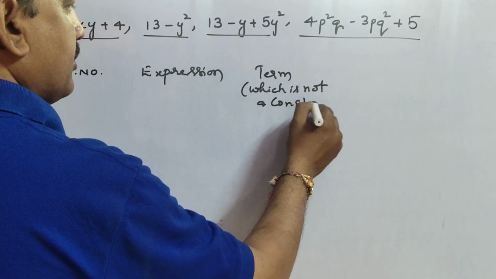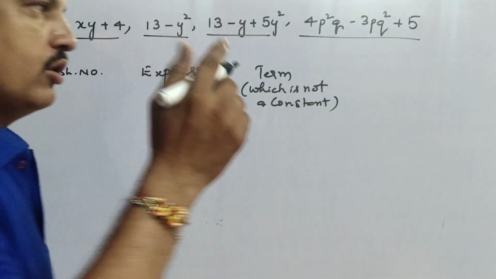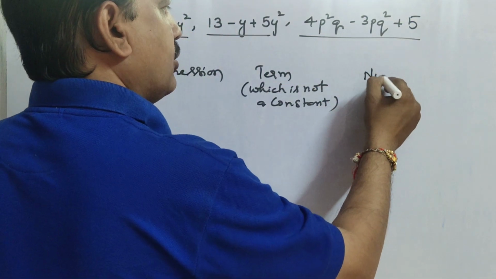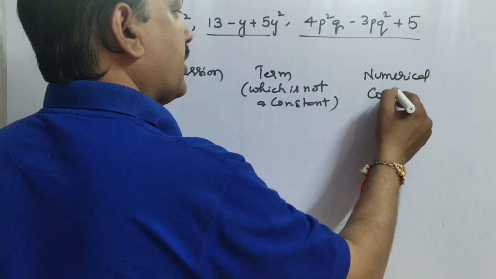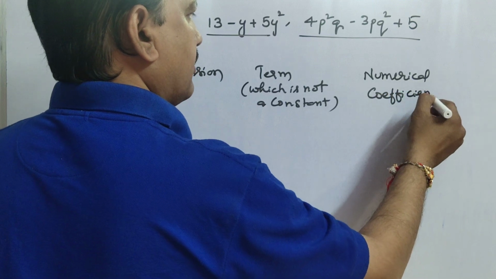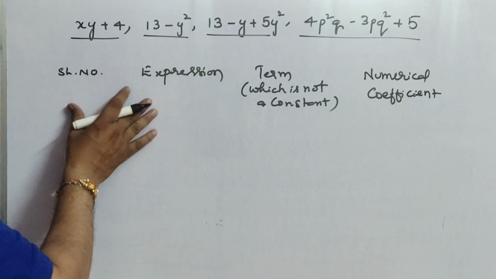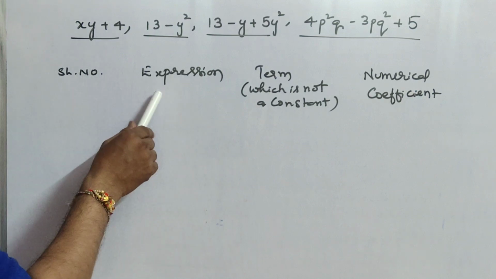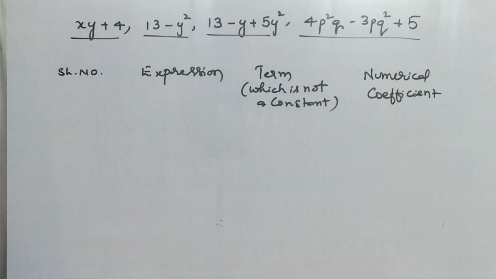You know constant means numbers, right? And then the numerical coefficient. Numerical coefficient means number. Listen very carefully, you can easily solve this problem. First we have to write serial number, expression, terms which is not a constant, and numerical coefficient.